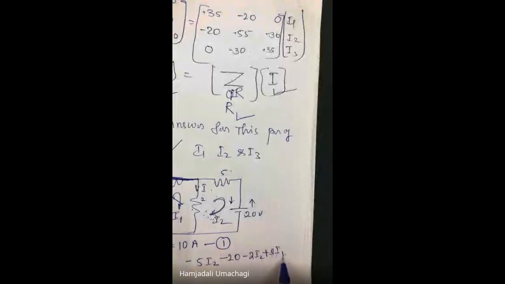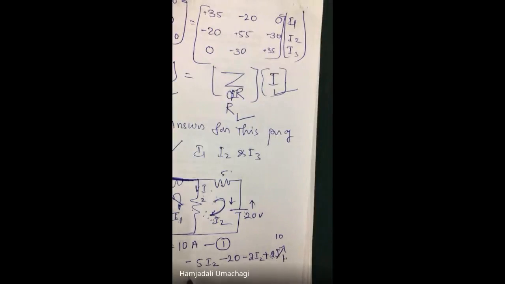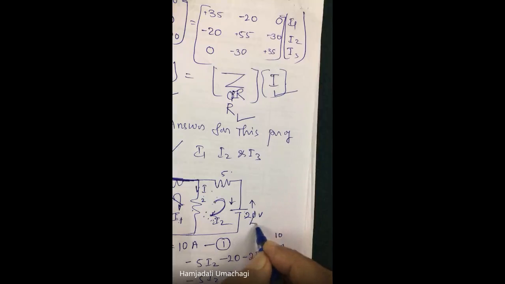Okay. What is I1? I am having a value of I1, that is 10. Now I am solving it. Minus 5I2 minus 20 minus 2I2 plus 20 equal to 0. Okay. Sorry, instead of 20, I'll take 24.